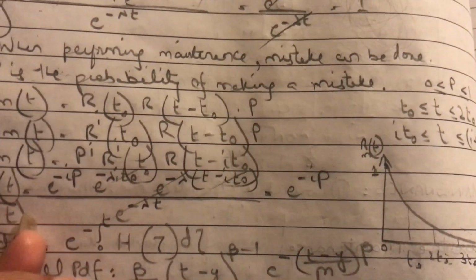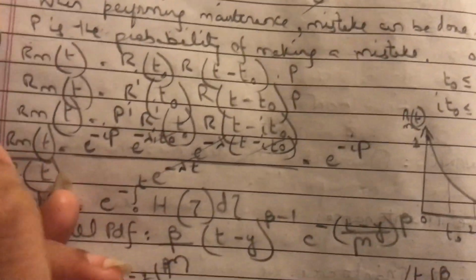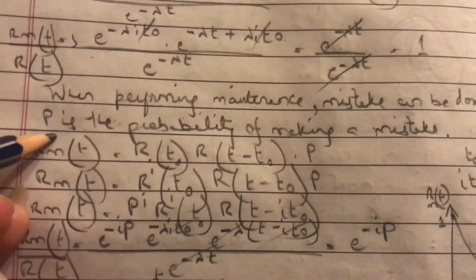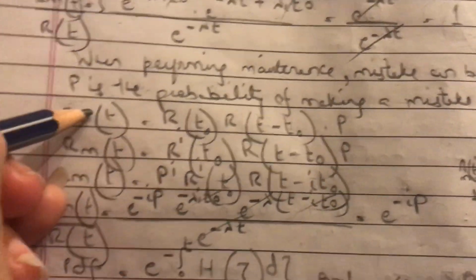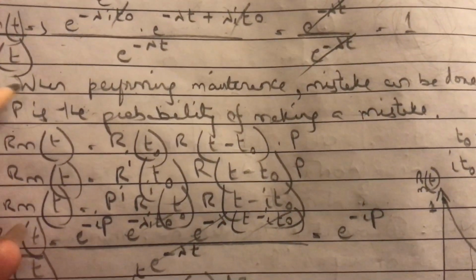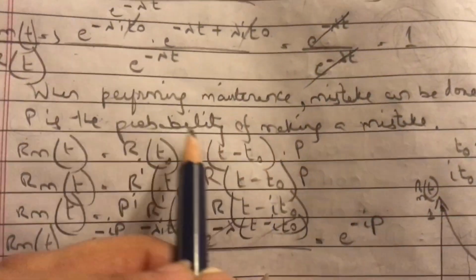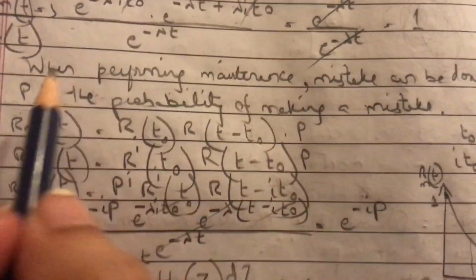So we bring in a new alphabet, P, which is the probability of making a mistake, right? The probability of making a mistake, we write P here.